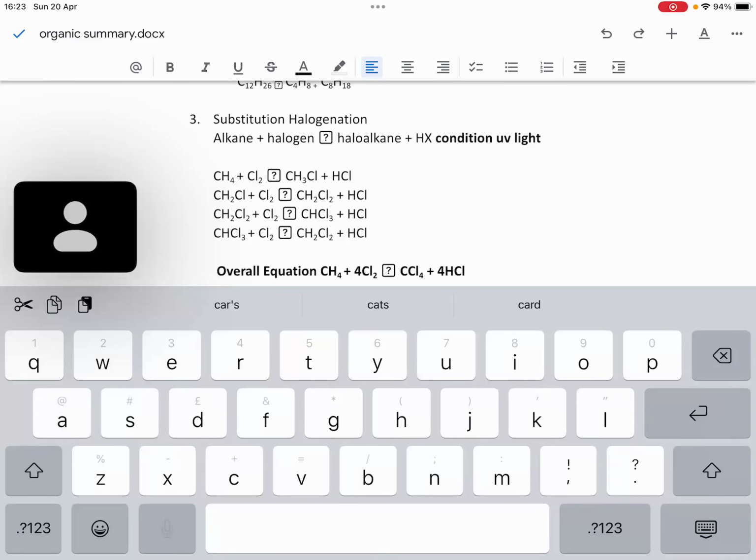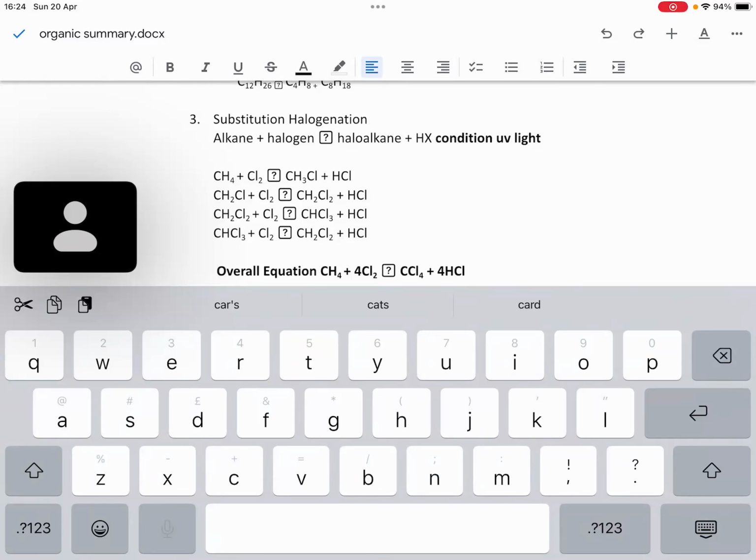So we start with methane. Methane reacts with chlorine and produces CH3, so it's 1 less hydrogen, 1 chlorine. So it's CH3Cl, which is chloromethane, and HCl.